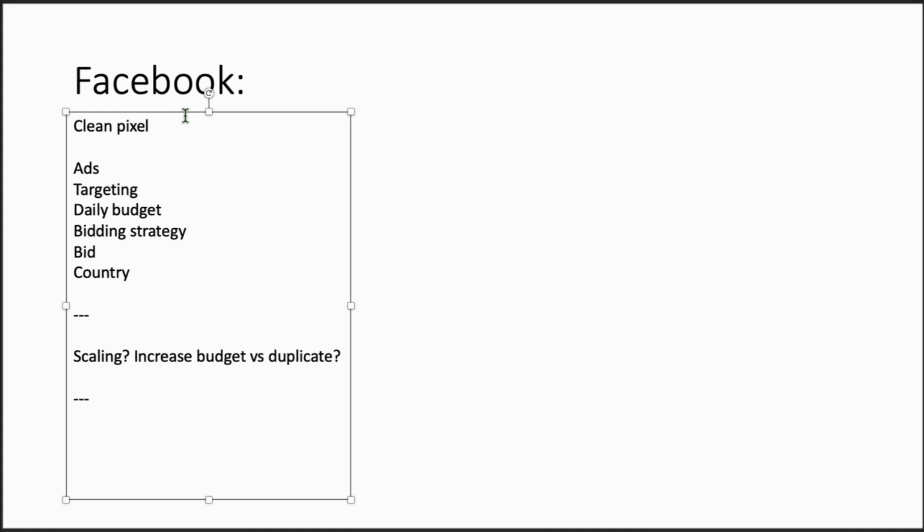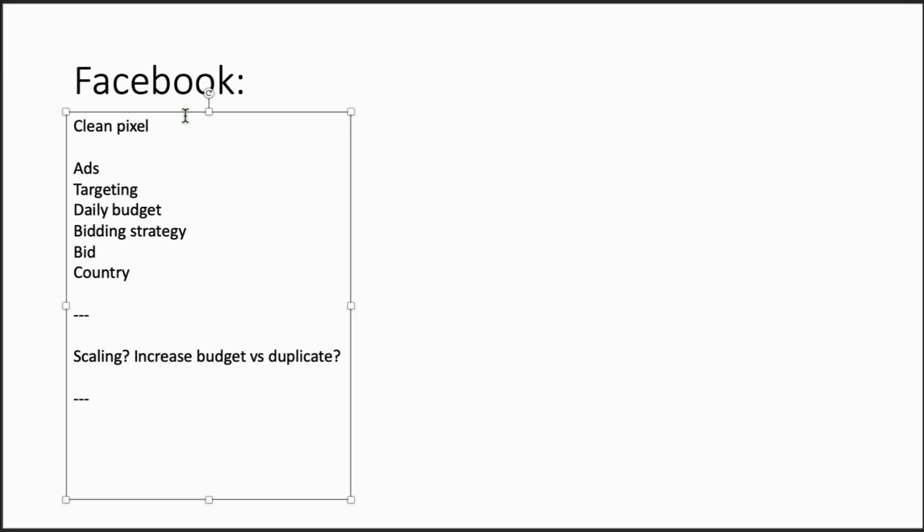The proper way is to do a single variable split test, which is to test ad 1 versus ad 2, and then ad 1 wins, and then to use ad 1 that won with the two targetings. So now the two targetings will be using ad 1, which is better than ad 2, instead of wasting money with ad 2, which is inferior to ad 1, and with those two targetings, right? So it's always better to do single variable split test.